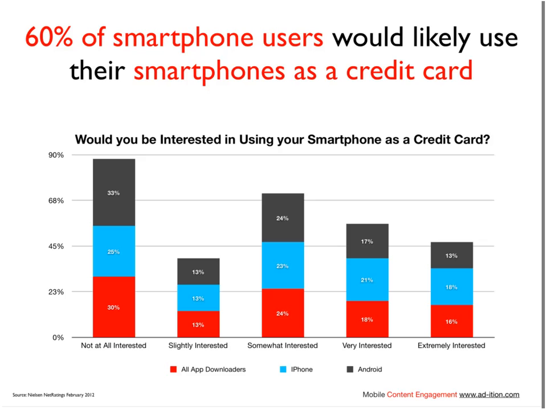Now, even though customers are saying, listen, I will use my smartphone in this fashion, we don't see a lot of it. And here's why. One, we still have a lot of informational-heavy applications out there that don't really deal with commerce.